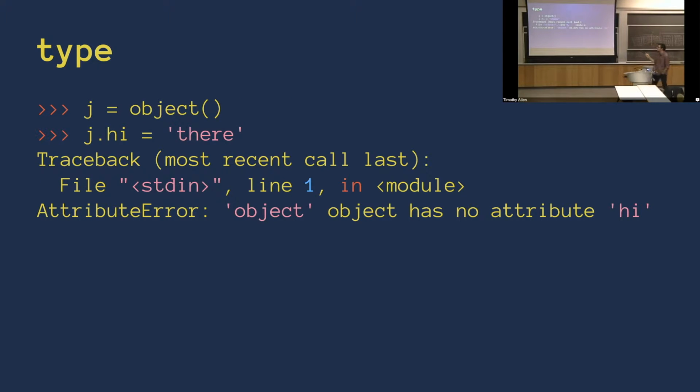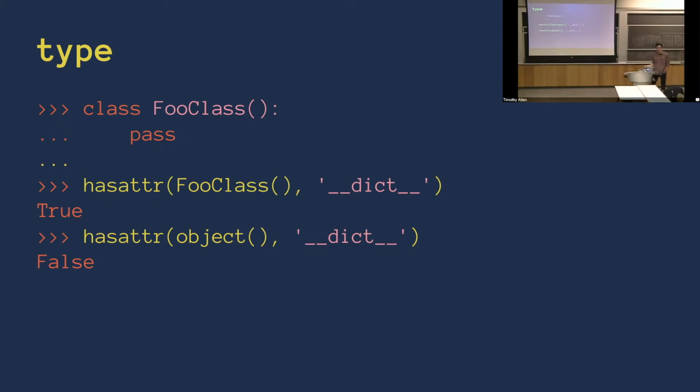So let's go back to this again. This is what he was originally trying to do. He's trying to instantiate an object, which you can do, but he couldn't set an attribute on it. Does anyone know why Python doesn't let us do this? Okay, good. So the main reason this is failing is because setattr is failing. Objects have no dunder dict.